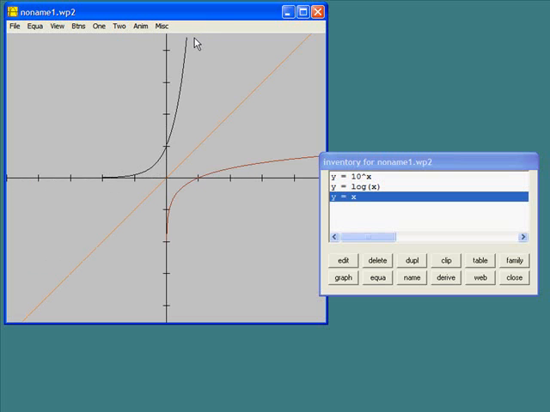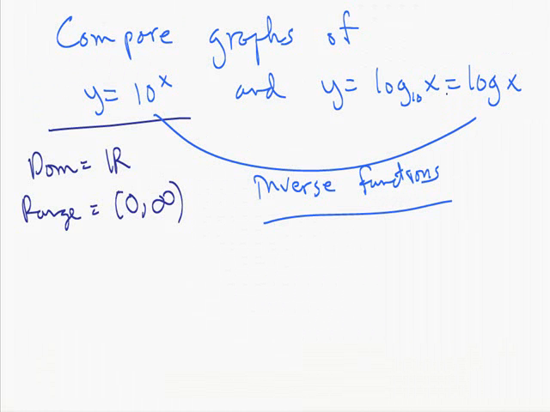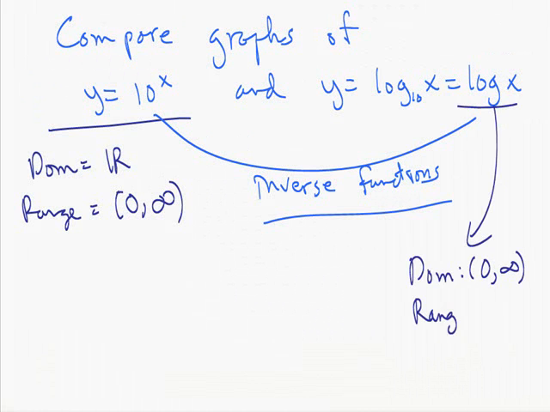The domain is all real numbers, but the range is just positive numbers. You can't ever take 10 to a power and get it to come out to be 0. You can get close to 0, but you can't ever get there. Well, that means that for the log of x, the domain is going to be the opposite. They're switching the roles of domain and range here. When we take a function and its inverse, the range is going to be all real numbers.